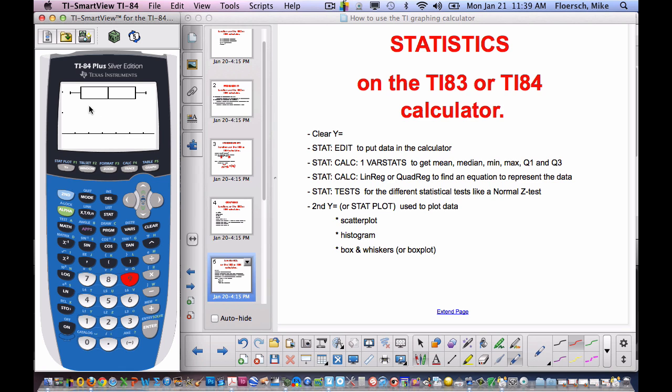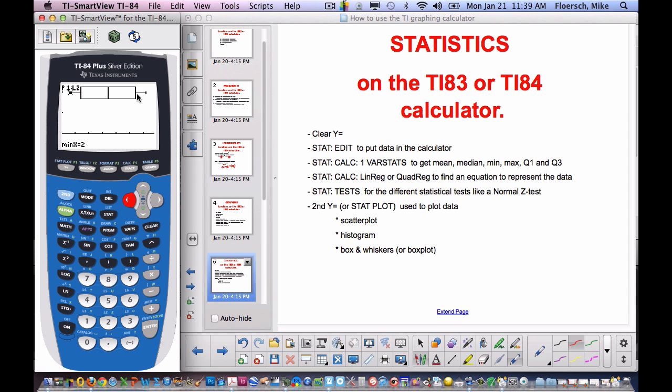I don't see what the max and min is and what the Q1 and Q3 and the median is, so what I can do is hit this trace button on my calculator, and now it'll say my cursor sitting here at the median. Median is 0.5. If I scroll left, my Q1 was 3. Q1 is 3, and it shows you where that is. If I go to left again, there's my minimum. X is 2.